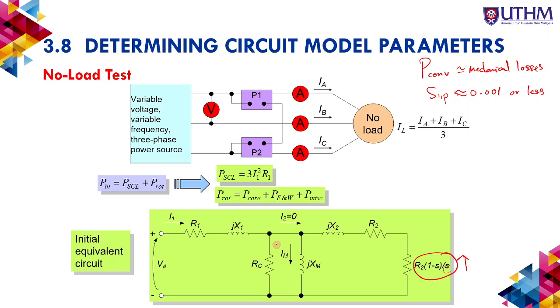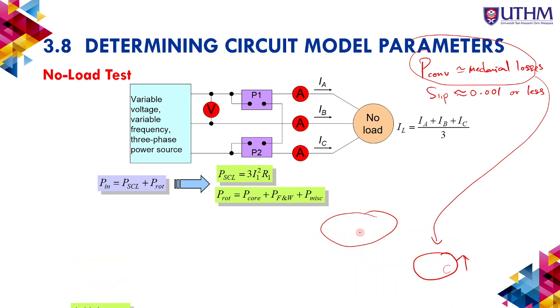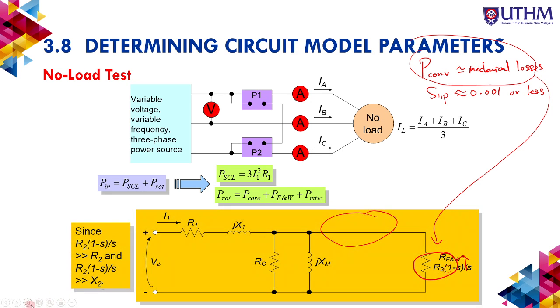The power converted, most of the power, actually comes from this, because it is much higher than the other branch. So we can assume the R2 and jX2 can be ignored.